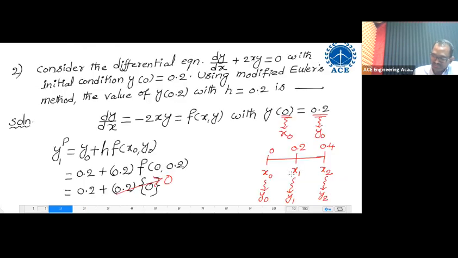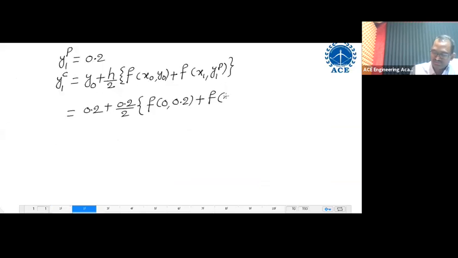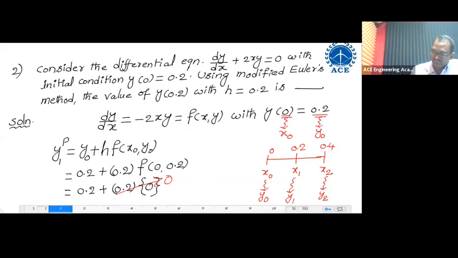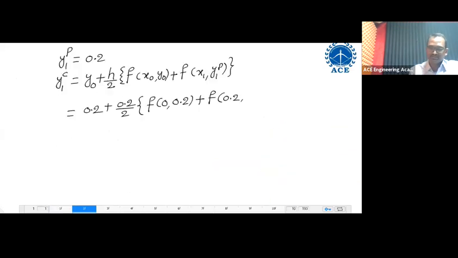X1 value here, x1 value 0.2. Next to y1 power p. This is here y1 power p. Y1 power p is also 0.2. This is 0.2 plus 0.1.